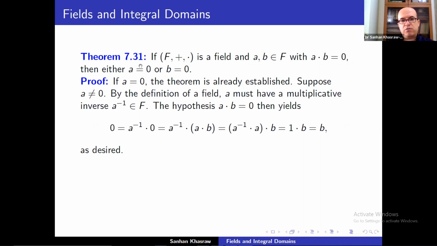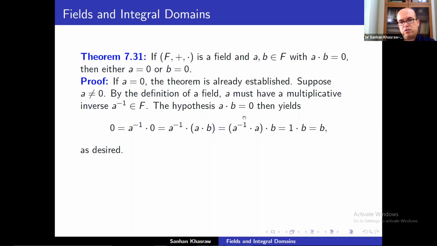Suppose A is not 0. If A is not 0, we can show that B is 0. Because we have a field, every non-zero element has a multiplicative inverse. So A inverse is also in F, then A times A inverse is equal to 1. So we do have A times B equals 0.